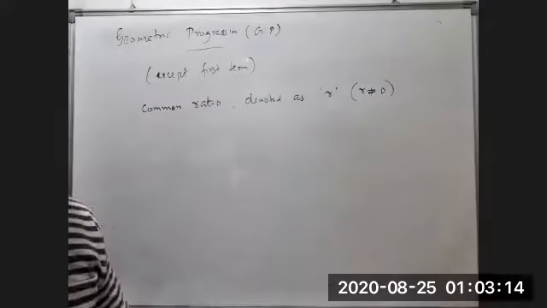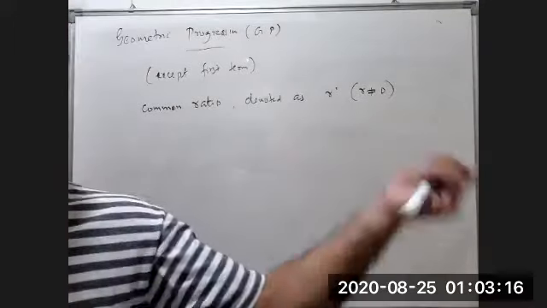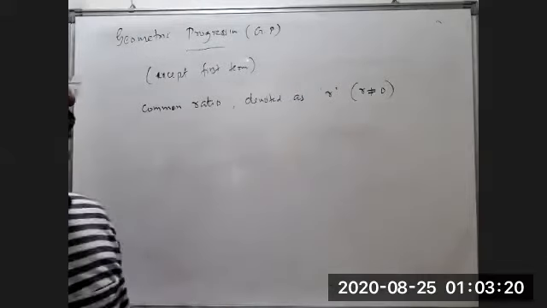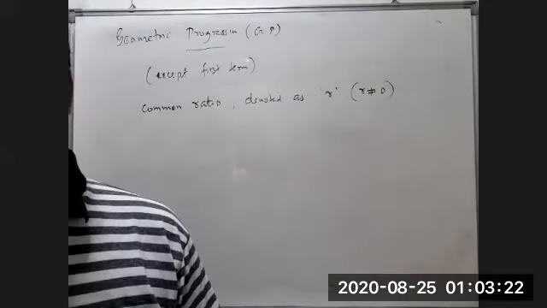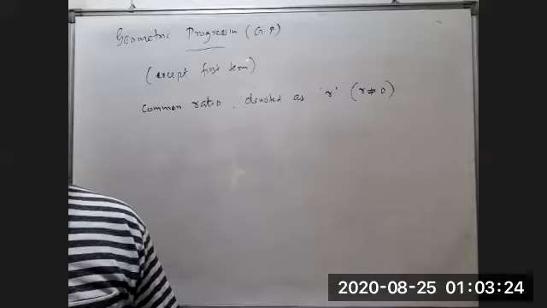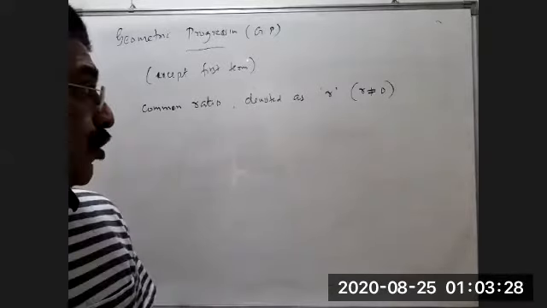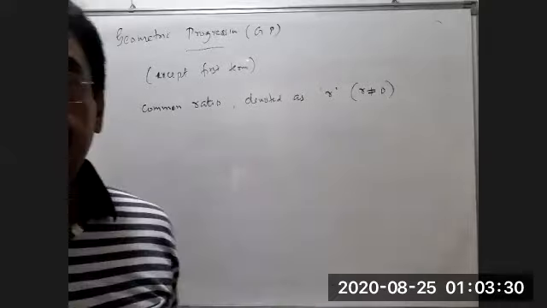R cannot be 0 because multiplication by 0 means then everything will be 0. That's not possible. So the common ratio, the fixed number multiplied, is R, common ratio denoted by R.